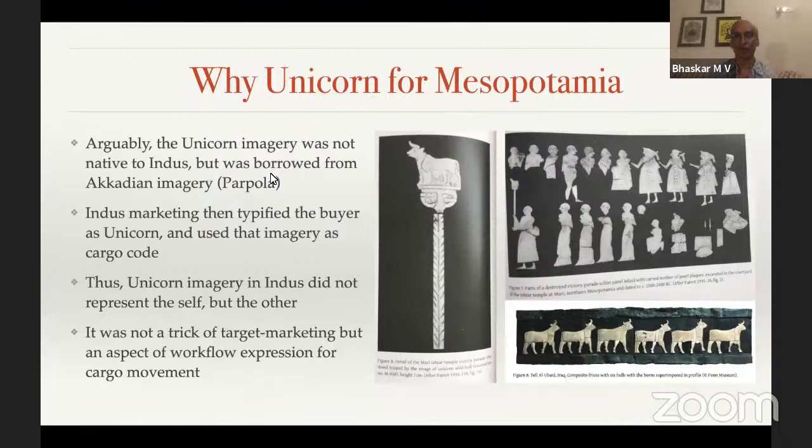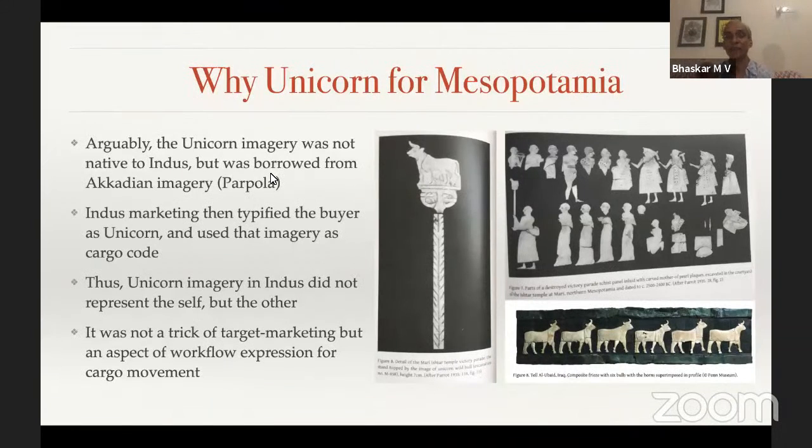But here I posit that it is not the symbol of the self, but it is actually the symbol of the other. This is how the Indus people referred to the other, and to the Indus people, Mesopotamia meant the unicorn. They typified it, they caricatured it, they used that symbolism for a functional purpose, namely as cargo advice.